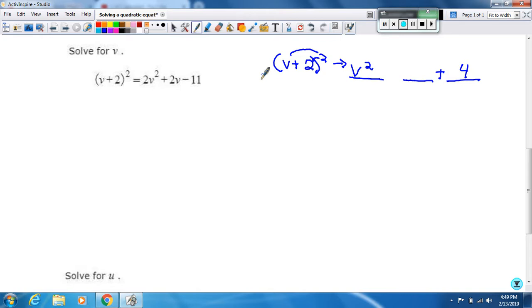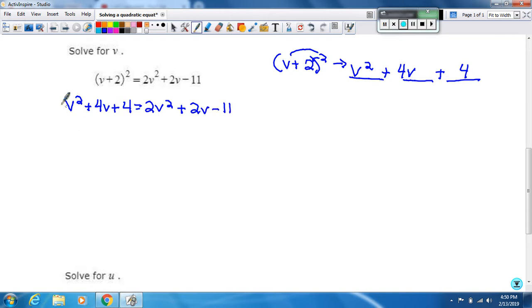And then you just take everything and multiply it together, forgetting that this is an exponent. So 2 times 2 is 4 times v, that's a positive 4v. So the left-hand side is going to be v squared plus 4v plus 4 equals 2v squared plus 2v minus 11.